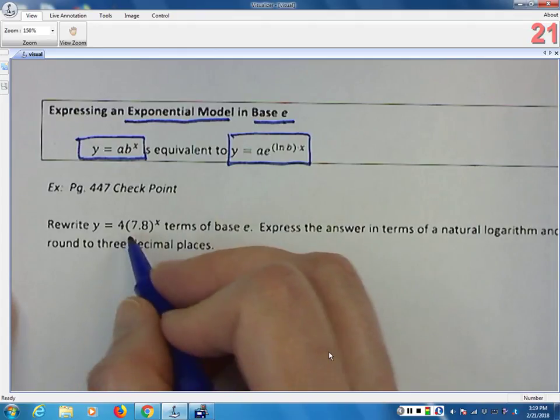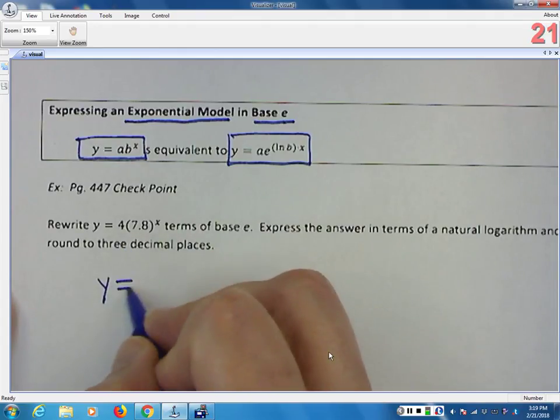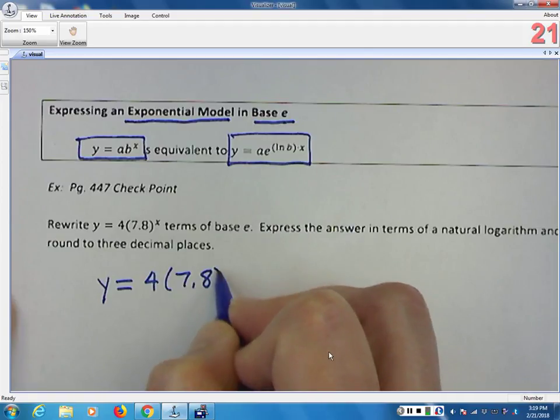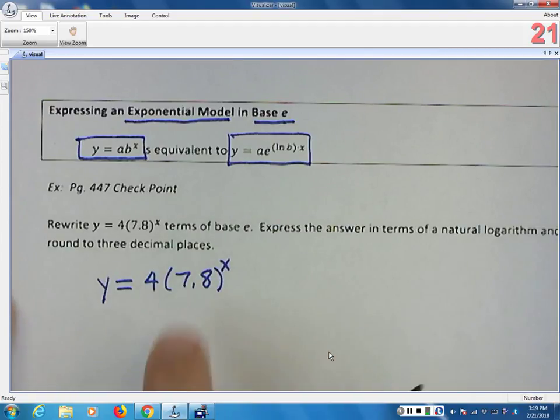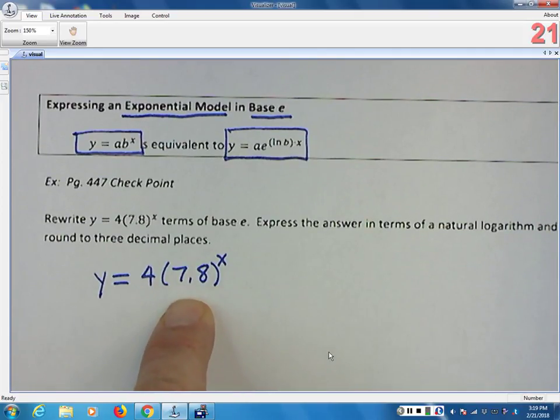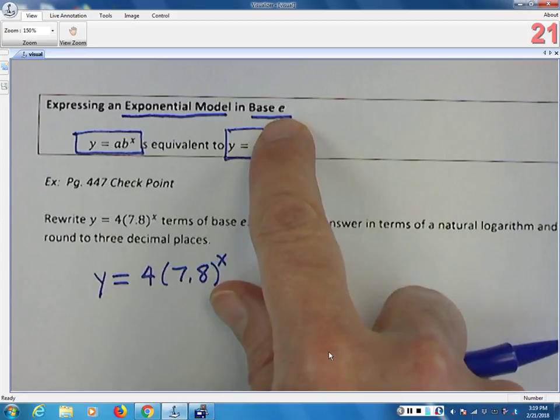So we've got y equals 4 times 7.8 to the x. This is our original base, but we like base E rather than base 7.8. So how are we going to change this to base E?